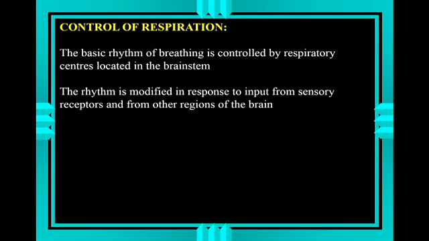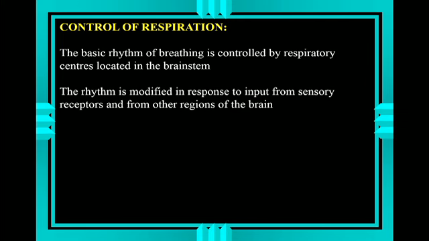We'll talk about that as we go through the lectures. But that's the basic rhythm. And you should know that we can modify that basic rhythm, both consciously and unconsciously. The modification of how we breathe is in response to inputs primarily from sensory receptors in other parts of the body, particularly the brain itself.